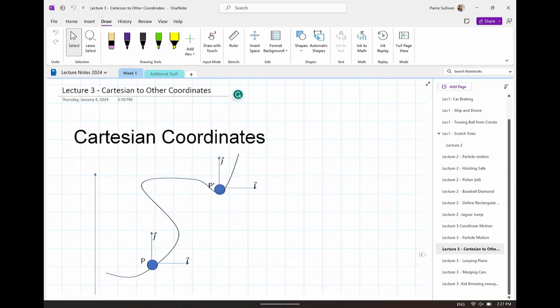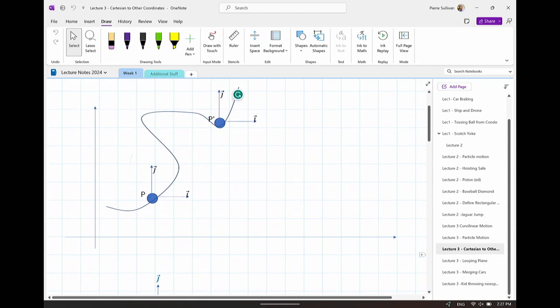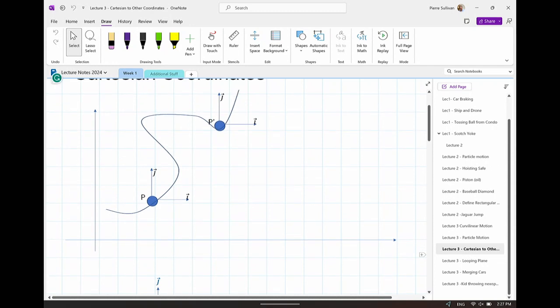I think I'm going to try this first. So we have right now these plots right here.